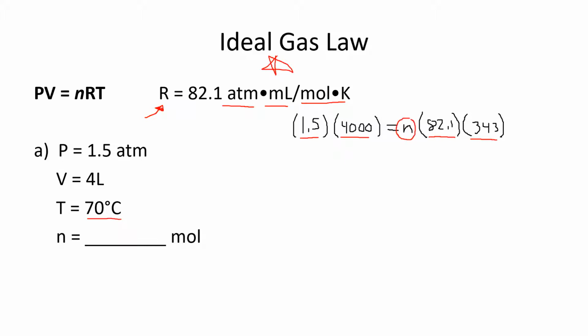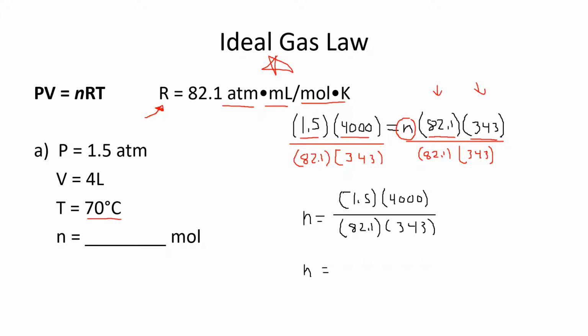So you divide both sides by these two numbers, so the right side cancels out, and all you gotta do is simplify that term. So you got about 0.21 moles. Not too bad.